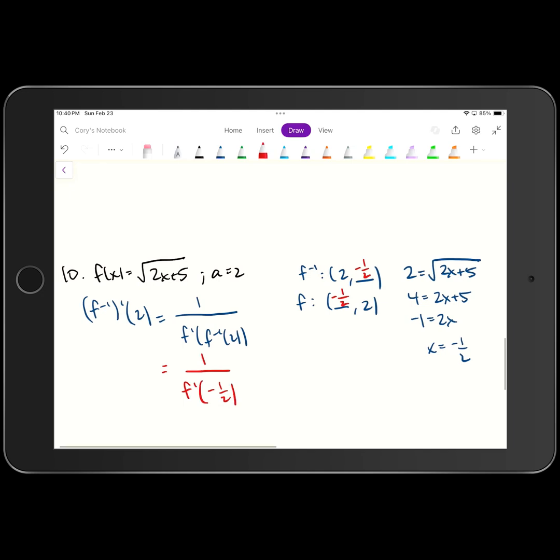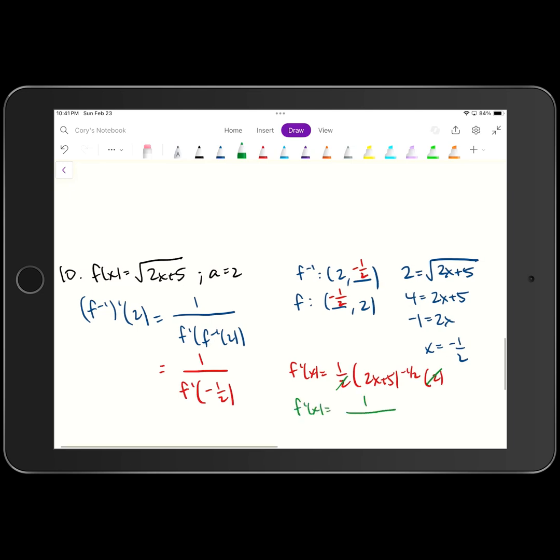So when I find f prime, this is 1/2 times 2x plus 5 to the negative 1/2 power, and then using chain rule, we multiply that by the derivative of the inner function, which is 2. We can cancel those factors of 2, which makes f prime of x equal to 1 over rad 2x plus 5.